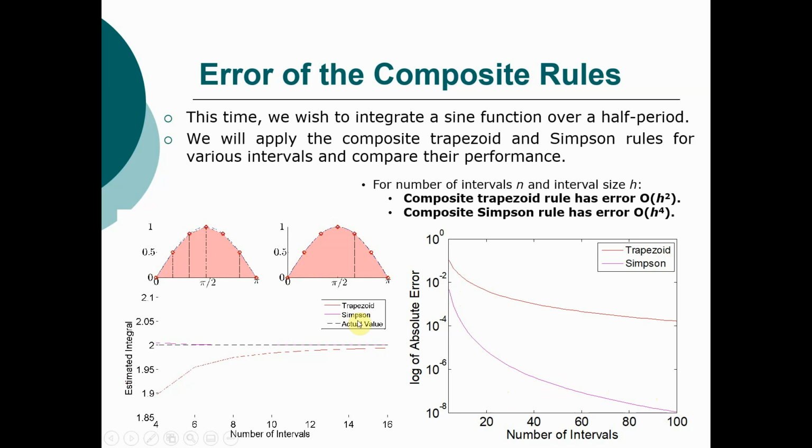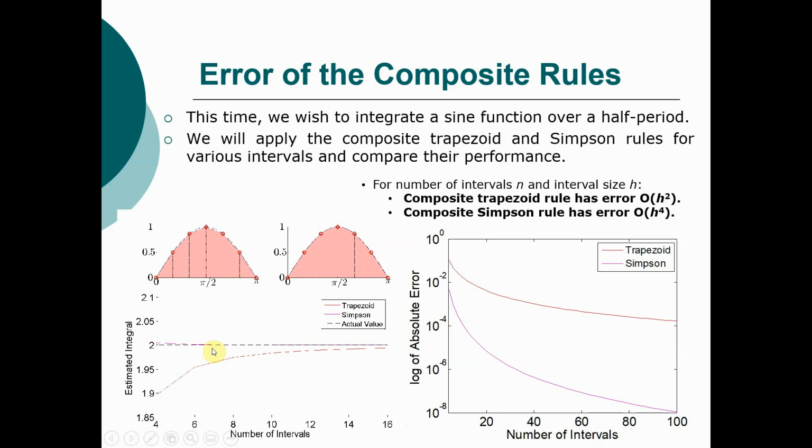Okay, so this basically shows how, if this is your exact answer, the trapezoid rule or Simpson's rule reach the exact value as the number of intervals increases. And for Simpson's rule, it's pretty fast.